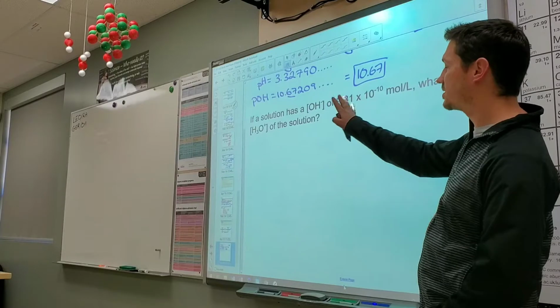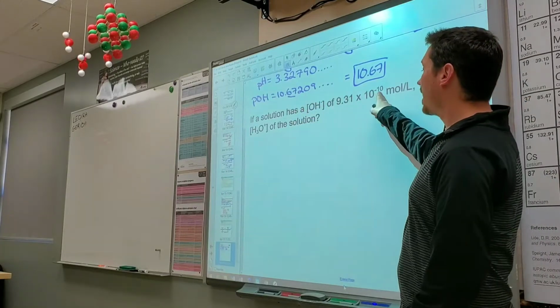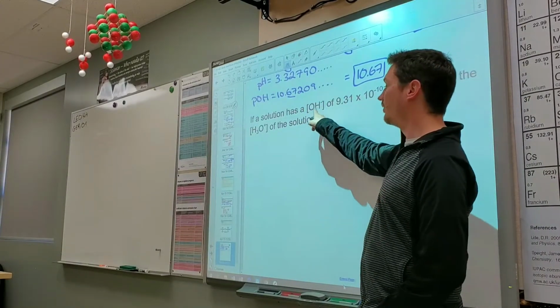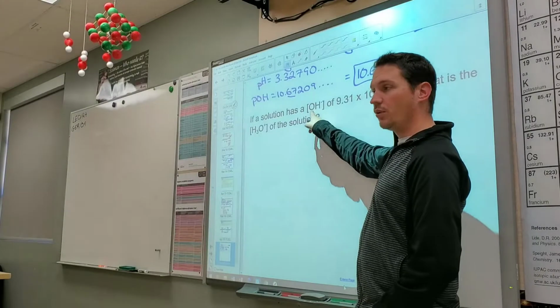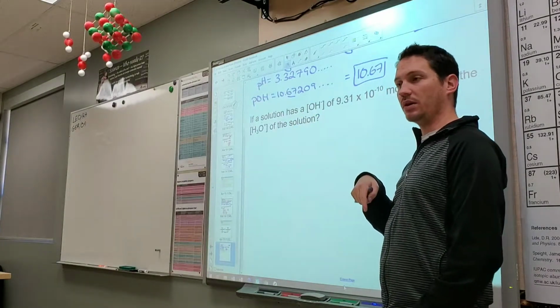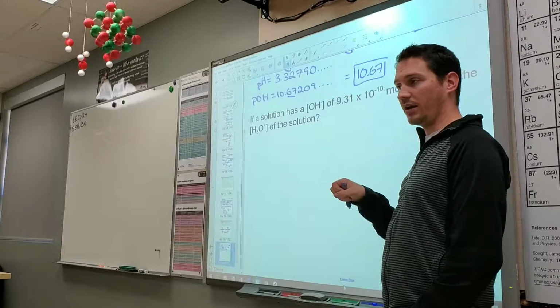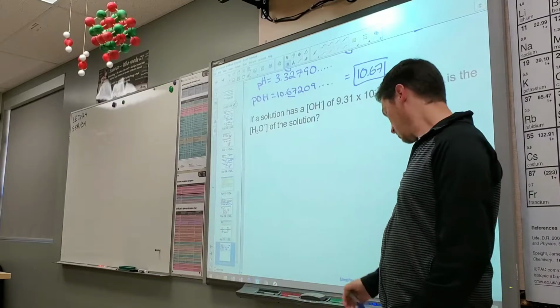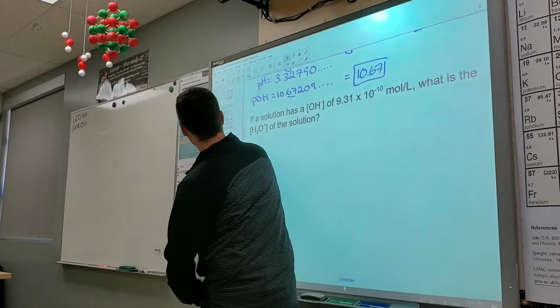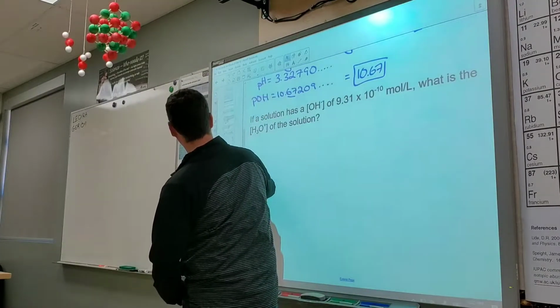So what does that mean, Idris? If this is a really tiny concentration of hydroxide, what does that mean about our hydronium? Do we have lots of it or not a lot of it? What's the relationship between hydroxide and hydronium?